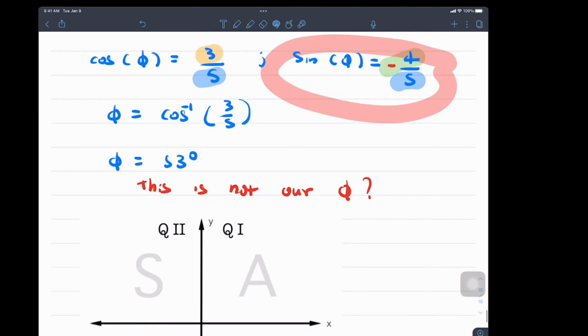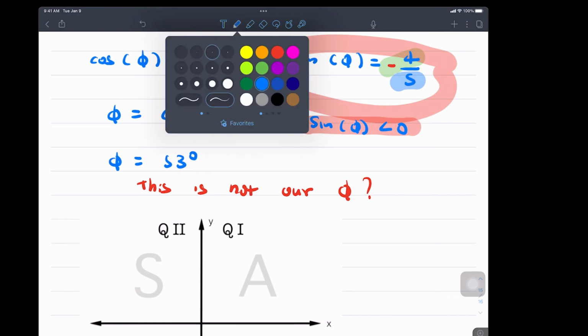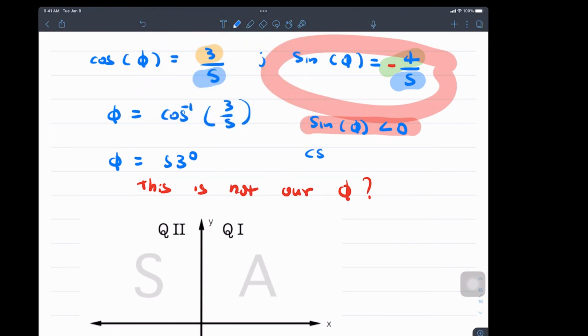So all students take calculus. We know cosine's positive, but sine is what? Sine is negative. Is that right? Sine's negative. And what do you know about cosine? Cosine's positive.